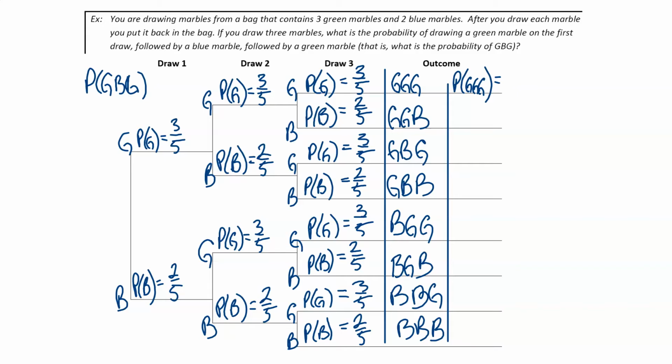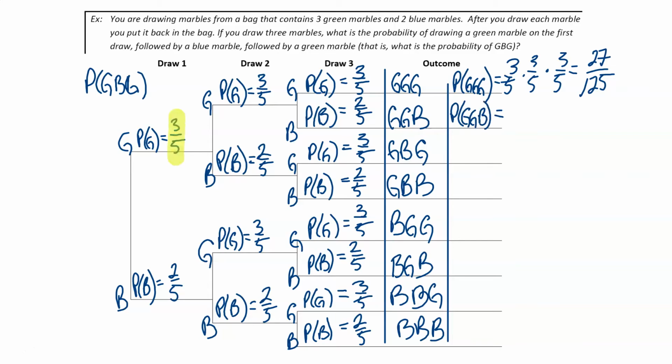So the probability of getting green, green, green, we take the product of each of the probabilities along that branch in the tree. So we have 3 over 5 times 3 over 5 times 3 over 5, which is equal to 27 over 125. Now let's look at the probability of green, green, blue.